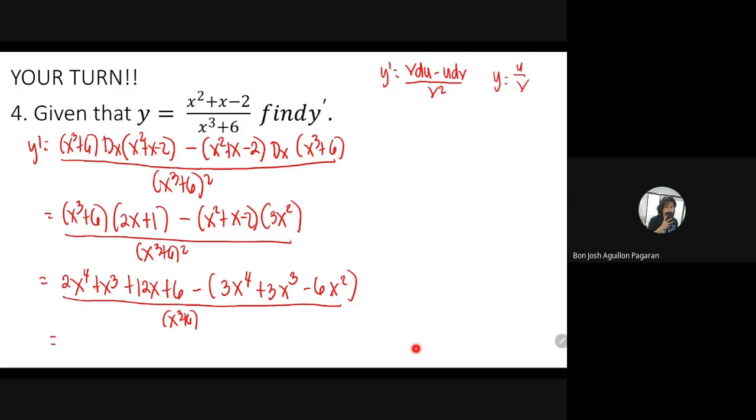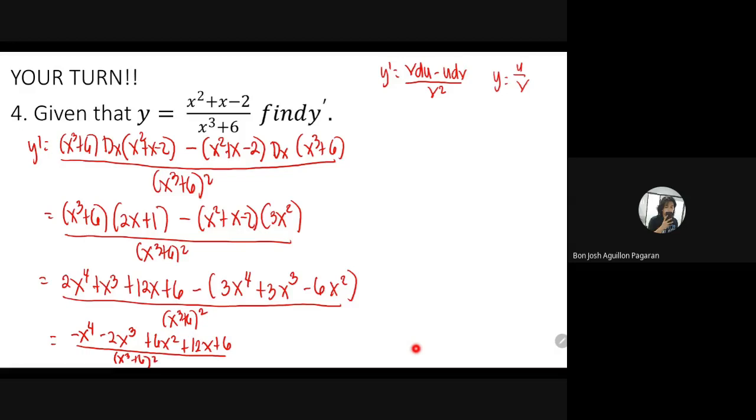So we have now 2x to the fourth minus 3x to the fourth, we have negative x to the fourth. Tapos x cubed minus 3x cubed, that will be negative 2x cubed. 12x, wala tayong maisasama kay 12x. So this will be plus 6x squared plus 12x plus 6 all over x cubed plus 6 quantity squared.